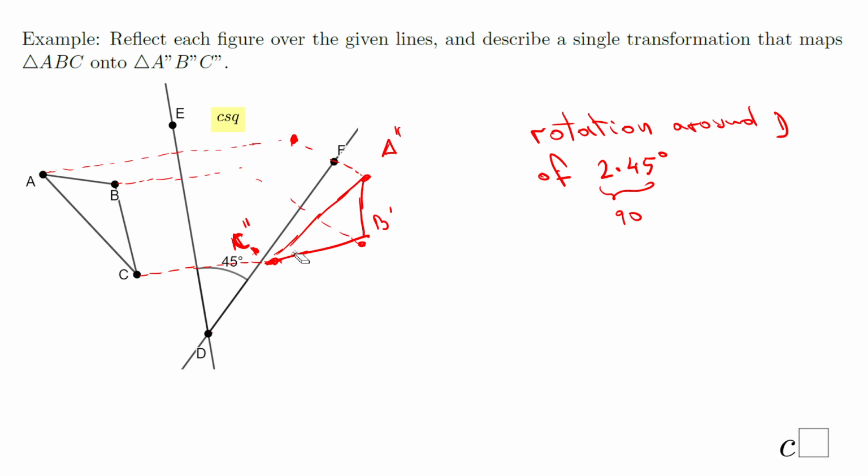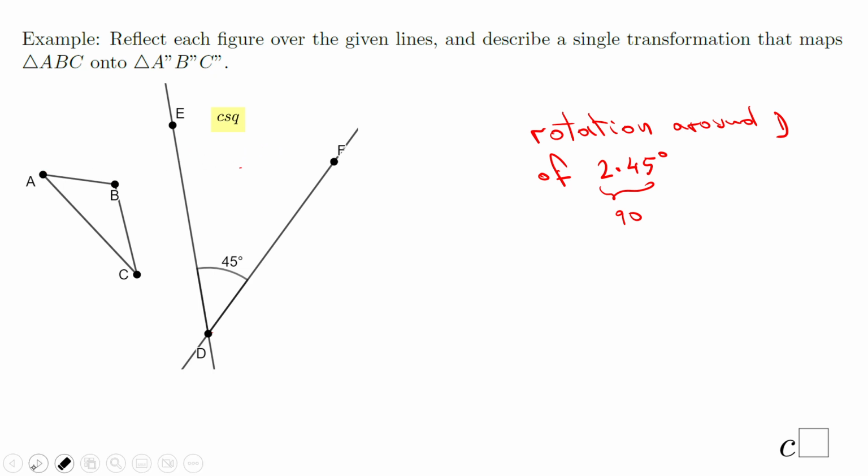Let me try one more time. I'm going to try to be better now. Like I said, it's not an easy task to do. One more time, I'm going to start with point A. This one has to be a 90-degree angle.